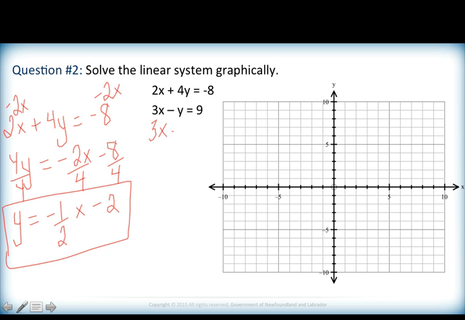Our second equation, 3x subtract y equals 9. We're going to take away 3x on both sides, which will give us negative y equals negative 3x plus 9. Of course, we're going to divide everything by negative 1.